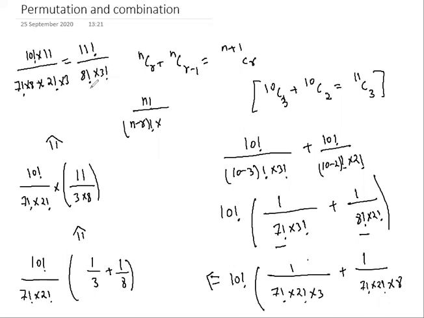Yes or no? Everyone is getting this? And what is 11 factorial divided by 8 factorial into 3 factorial? Isn't it 11C3? Right, that we had to prove.